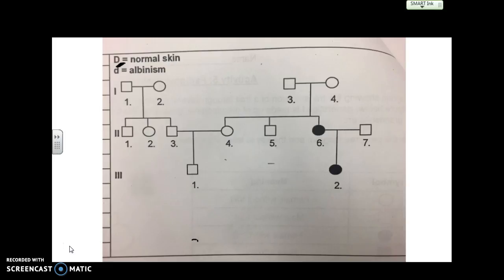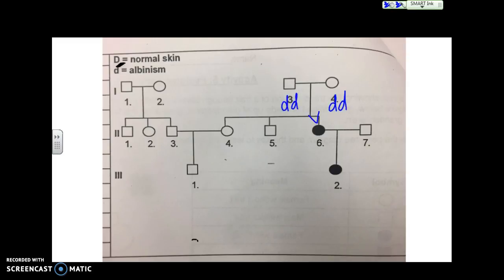All right, so the last one we'll do is the trait for albinism. And albinism is the trait. If you don't know what the trait is, so let's say I gave you normal skin and albinism and you weren't sure if we were following normal skin or we were following albinism, you could find out. Because let's say that I think all of the people that are not filled in are recessive.